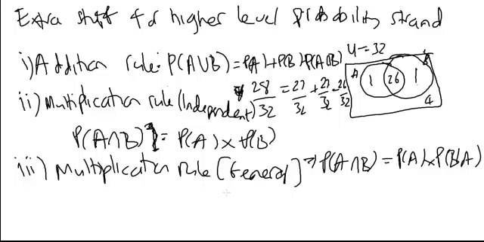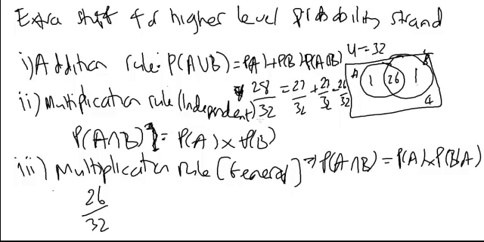If I want to know the probability that somebody likes chocolate and likes ice cream, if I do it the direct way, I just count the number of people who like both. That's going to be 26 people out of 32, using the fact that the probability of A is the number of events of type A divided by the total number of events.